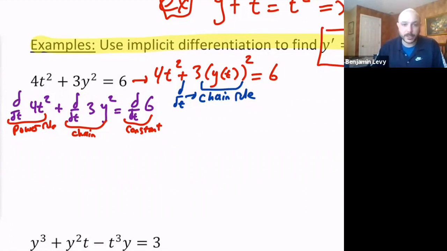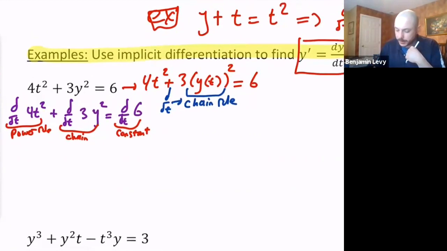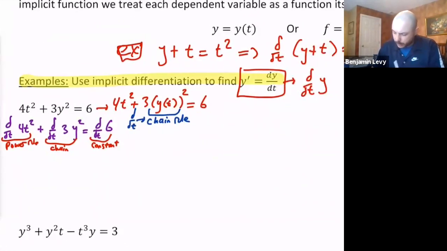And then when we do d over dt of 6, that's just a constant rule, and 6 becomes 0. Let me just pause here and see if that seems okay so far. So, okay.